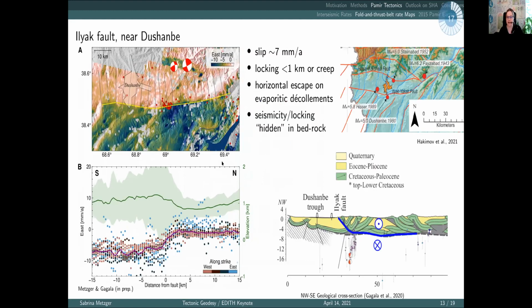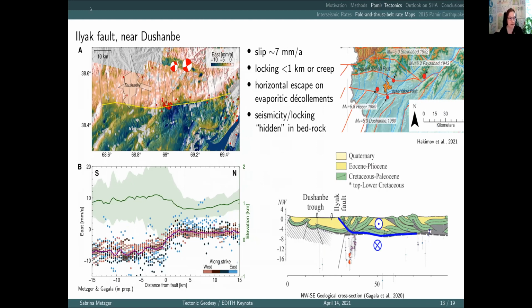And the final figure to that project is a close-up of the Iliac fault. This one is really important because it's so close to Dushanbe and poses a threat, or it needs to be well studied in terms of seismic hazard analysis.